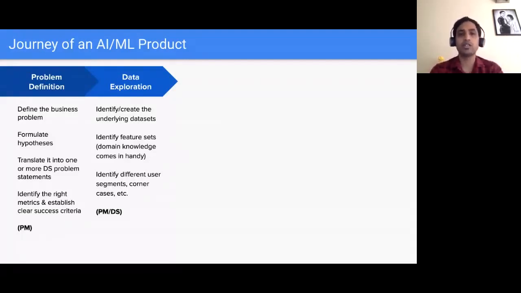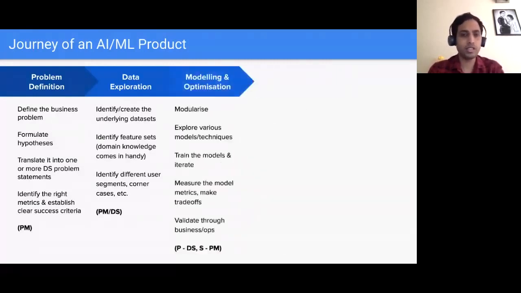He already has some insights into the different user segments and how they behave differently. A data scientist might not have that kind of exposure. He would build all of that knowledge when he starts working on the data, but the more the PM shares this knowledge and makes it interactive at the beginning of the process itself, the richer the conversation you go into. So this is the second part, where you identify features and finalize them.